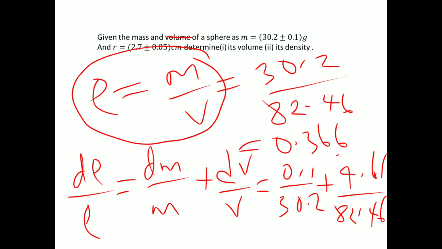Using my calculator, I have 0.1 divided by 30.2, plus 4.61 divided by 82.46.